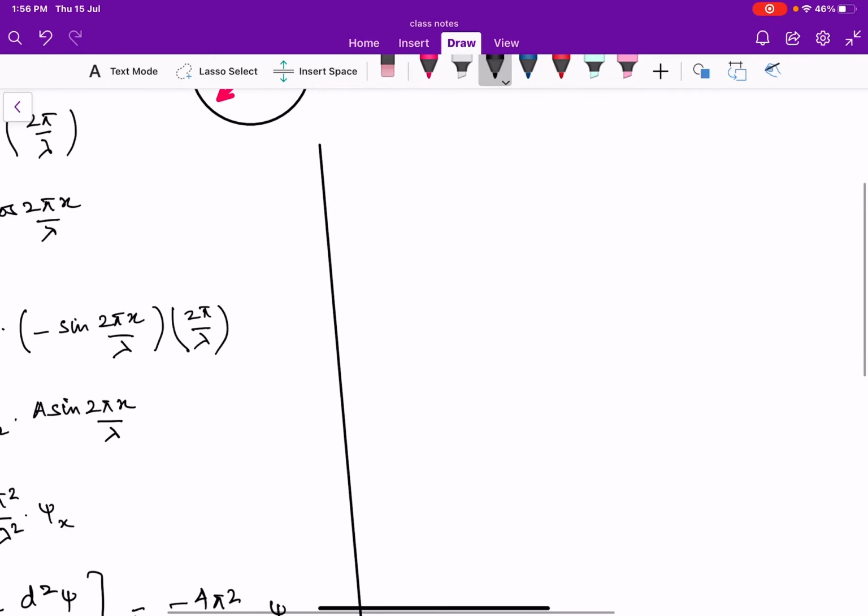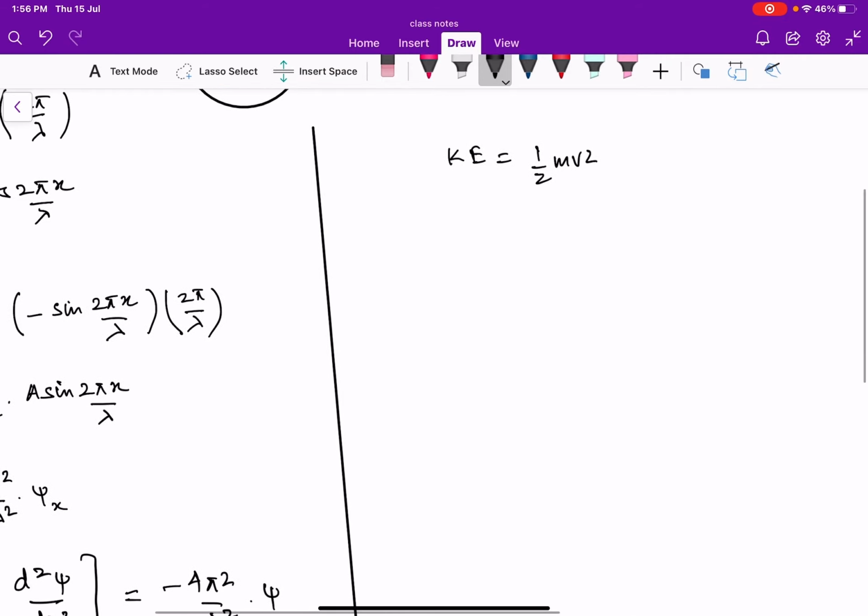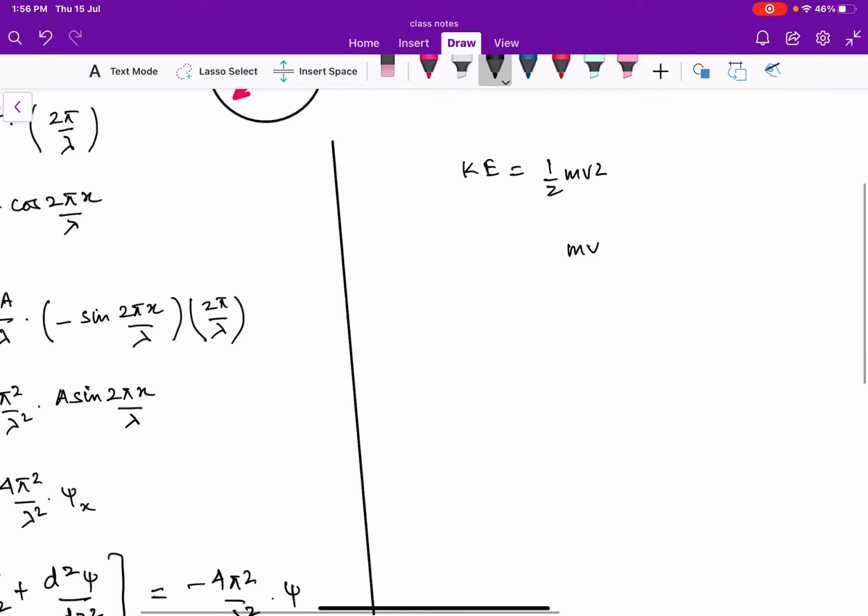We all know what kinetic energy is, it's half mv square, and from the de Broglie equation we also know that lambda is equal to h upon mv.